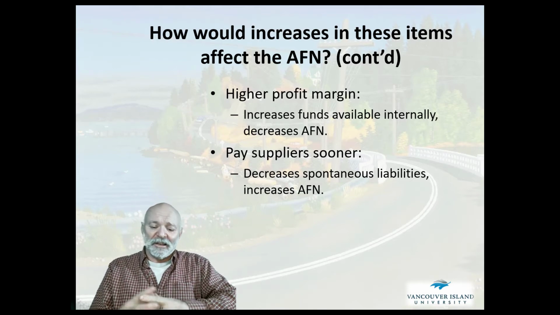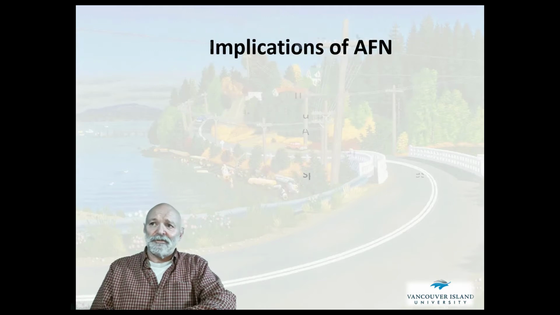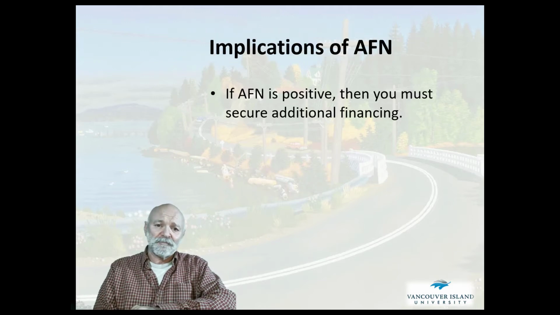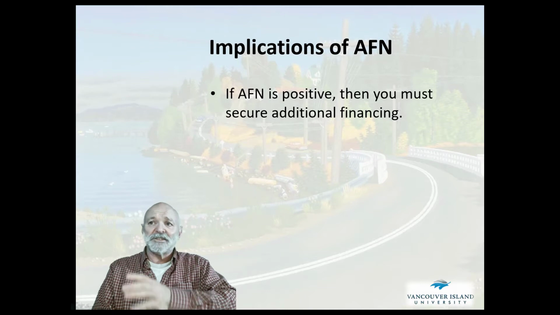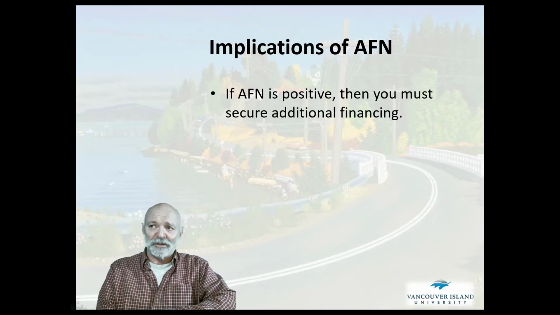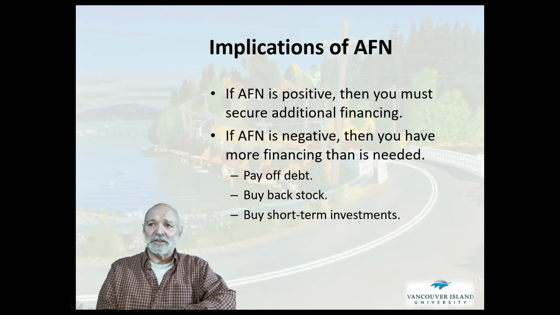So this gives us a feeling for the way that the AFN works. Some of the implications, if that's a positive number, that's the money that you're going to have to fund, the amount of money you're going to have to fund in order to do the increased business.